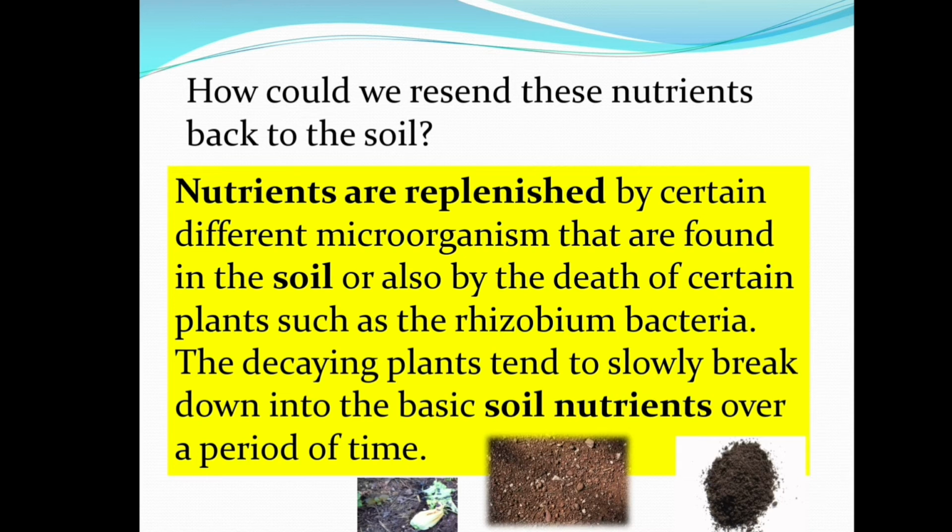So this is how we can send the nutrients back to the soil.